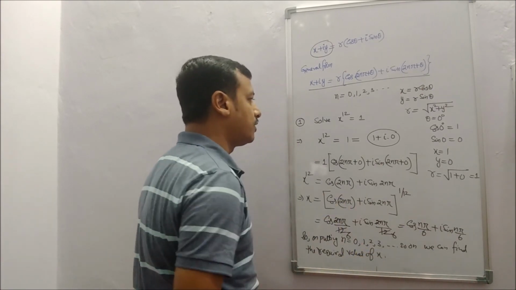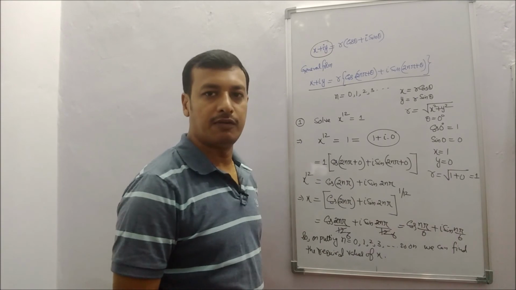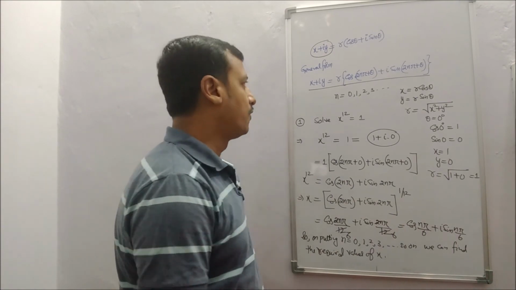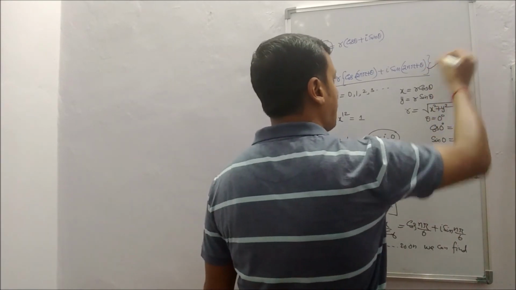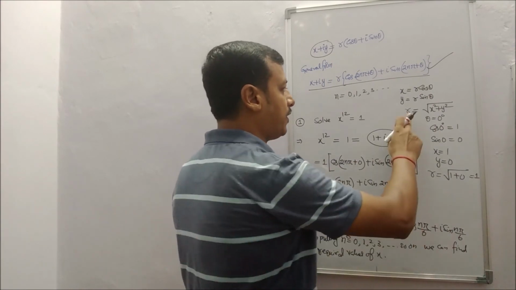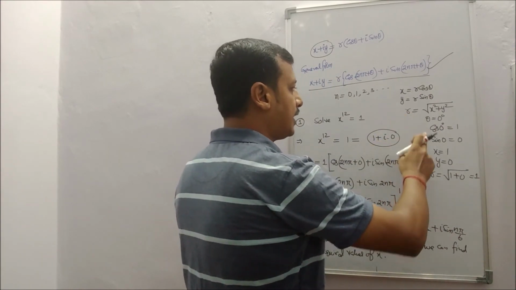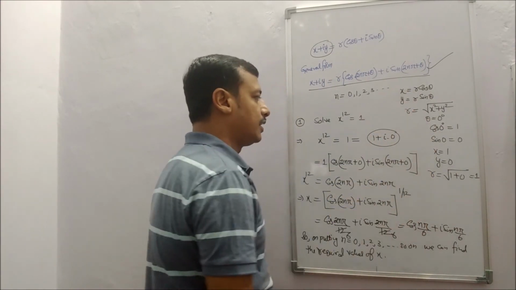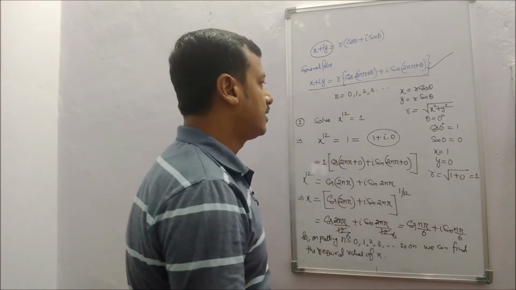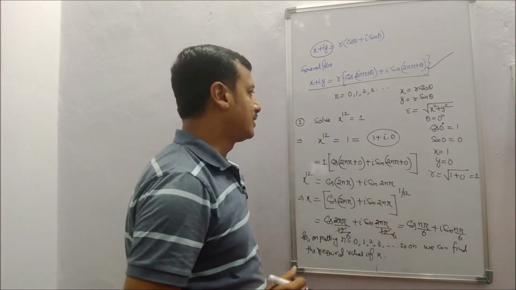So it is the solution of x to the power 12 is equal to 1. We have to remember this term, and first we have to find the value of r and then theta, and substituting in the general case we can solve easily.